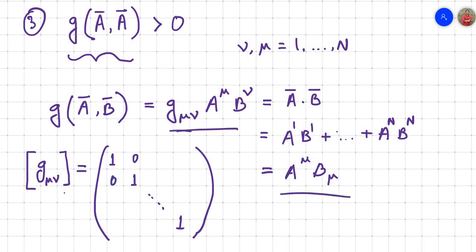Now, comparing these two expressions, we notice a function of the metric tensor, and that is to lower the index of a vector. So how does it do it? g mu nu times b nu is equal to b mu, with a covariant index. So g, the metric, can lower a contravariant index to a covariant index.